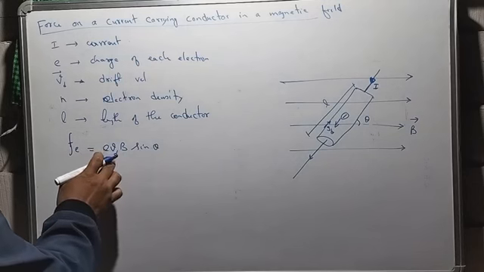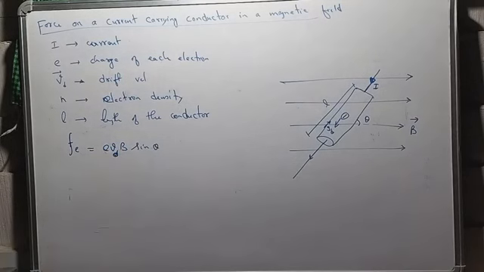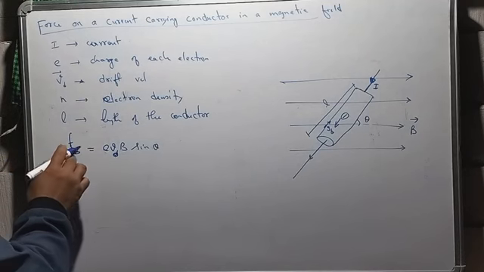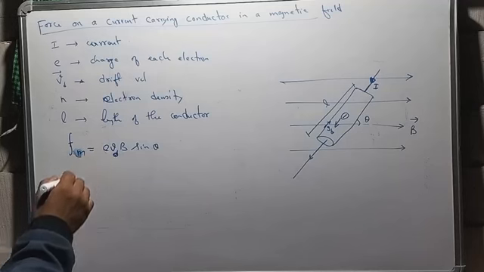This is the magnetic force experienced by each electron in a uniform magnetic field B. This is not Fe, this is Fm; we usually write Fm for magnetic force.